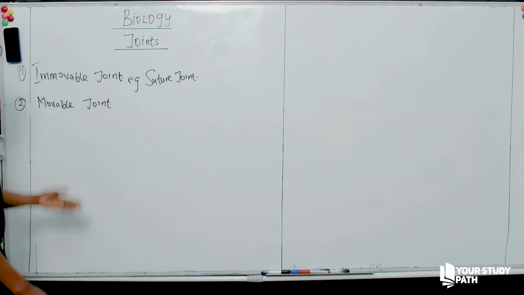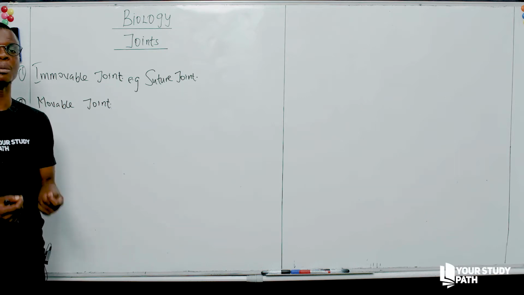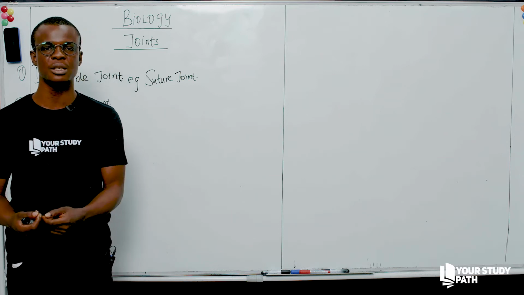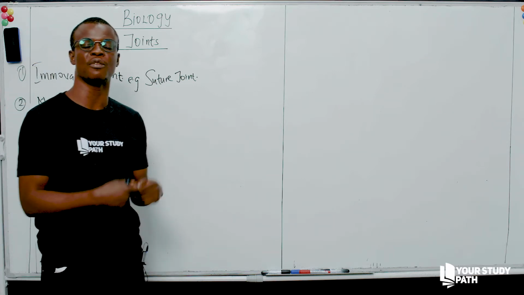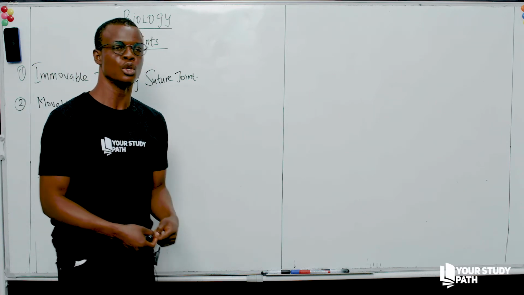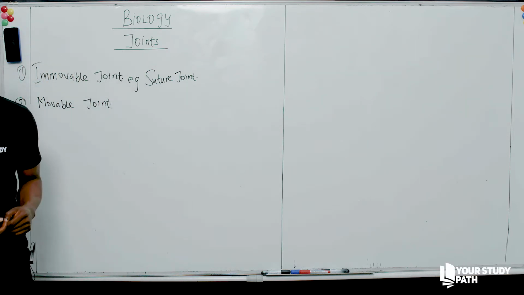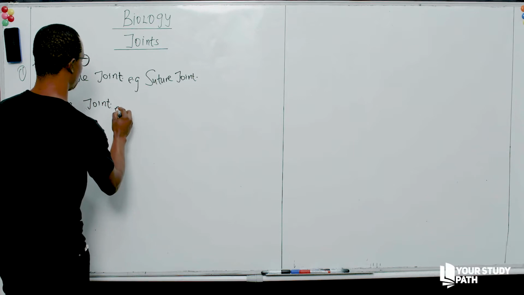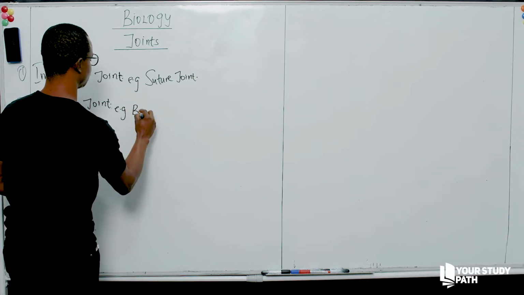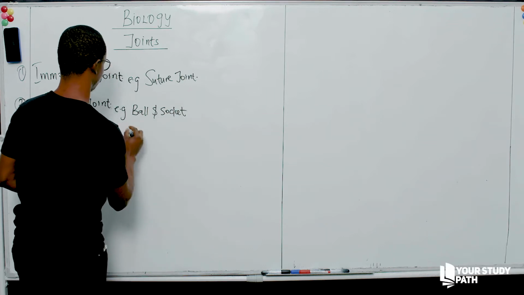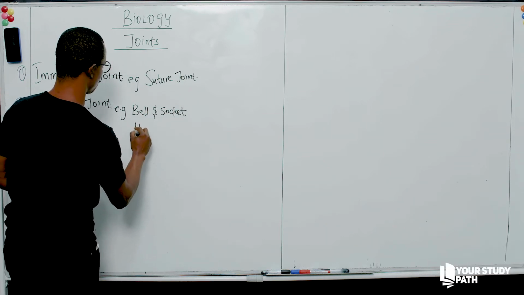And the second one is the movable joints. When we talk about movable joints, these are joints that can rotate or move to either 180 degrees or 360 degrees in the body of an organism or an animal. So we have different types of movable joints. One, we have the ball and socket joint. We have the hinge joint.